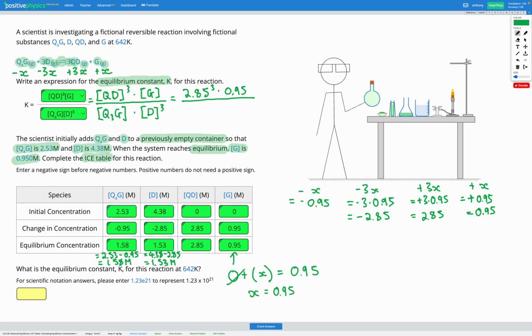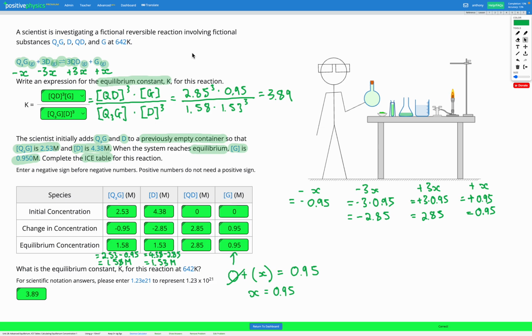Divided by, for Q3G, it's 1.58 at equilibrium, multiplied by the concentration of D, which is 1.53 at equilibrium, to the power of 3. That gets us an answer of 3.89. So let's enter that down here to check we got that right. Awesome. And remember, equilibrium constant has no unit.